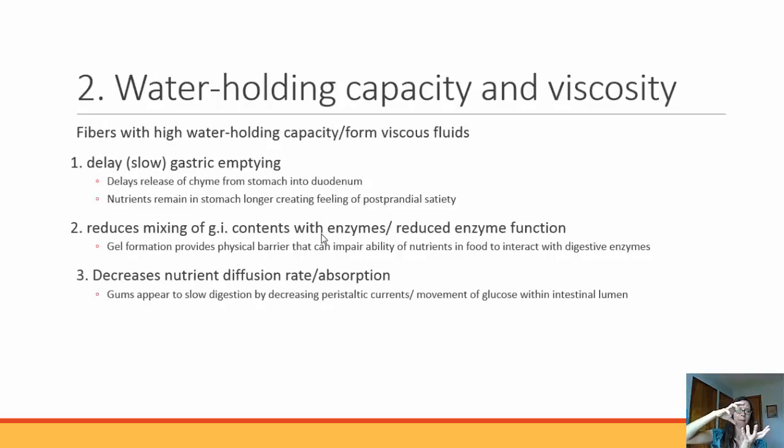And when we have this big viscous goop going through our GI system, it doesn't give the opportunity for the enzymes on the brush border to interact with this goop, really, with our nutrients in it. So we have reduced mixing of the enzymes with the GI contents, and because of that, we have decreased nutrient absorption. Not as much is going to be absorbed in the first place, and also what is absorbed is going to be absorbed slower.